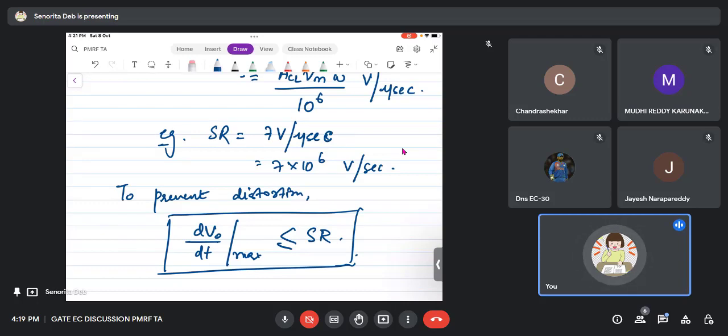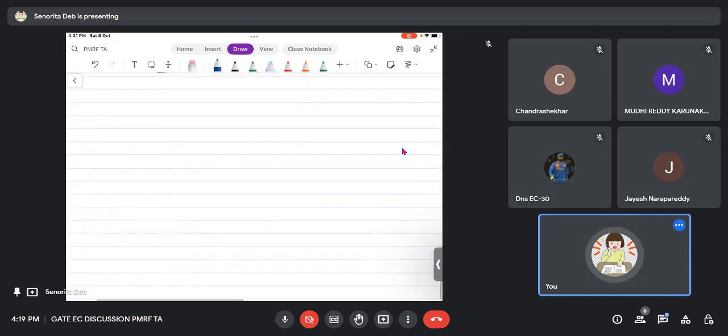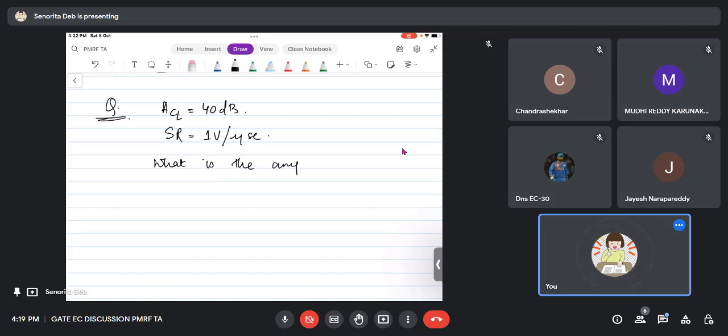Now suppose I have a question. The closed loop gain of an op-amp is 40 dB, and the slew rate is 1 volt per microsecond. What is the amplitude of the input sine wave to prevent distortion?